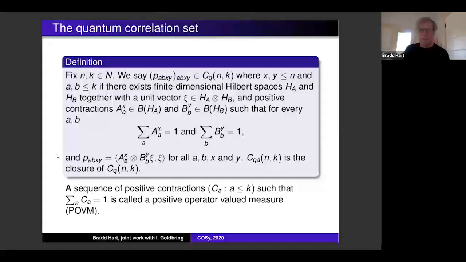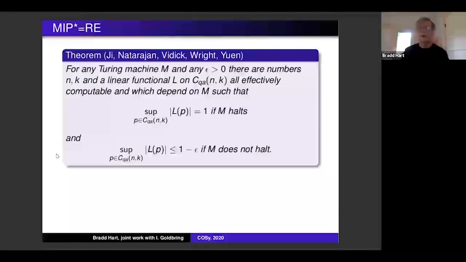I want to grab one piece of this long paper, MIP RE, and try to convince you that this is the form we need to apply continuous logic to. Here's a theorem in the paper by Ji, Natarajan, Vidick, Wright, and Yuen.